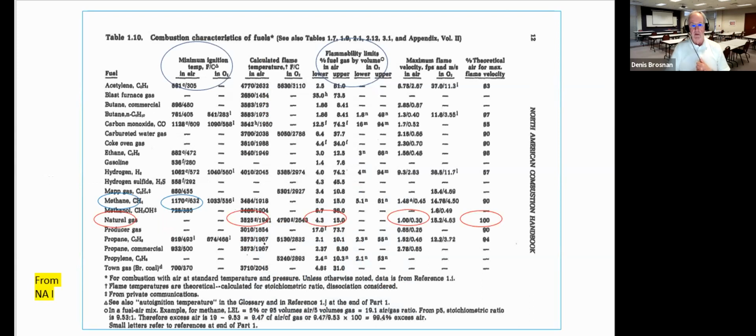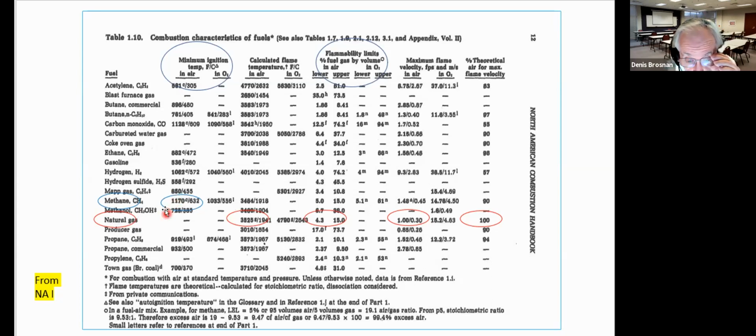Now, there's a whole lot of data in the North American Combustion Handbook. This is, to me, a fuzzy copy of what's there, but you get a little more data in a handbook like that than you do in some other resources. And look at the minimum ignition temperatures. These gases have minimum ignition temperatures, and you can see what they are for methane.